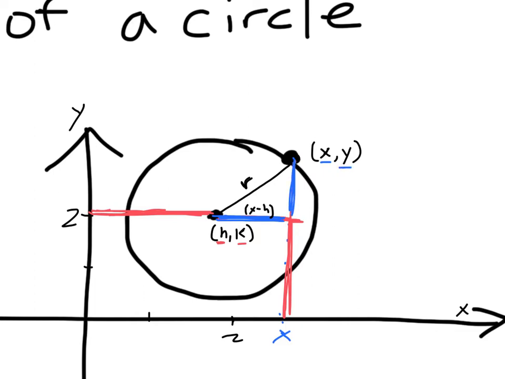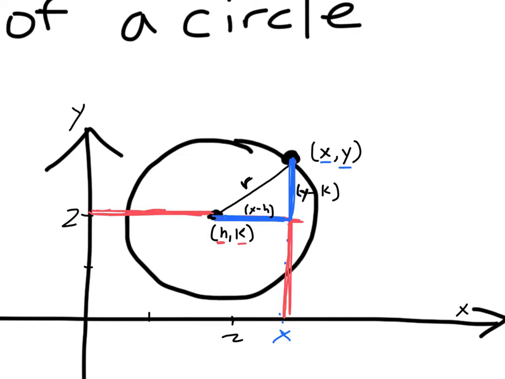So this distance, let me write it in black, would be y minus k. Now I have a triangle, and the sides of the triangle are x minus h, y minus k, and r.